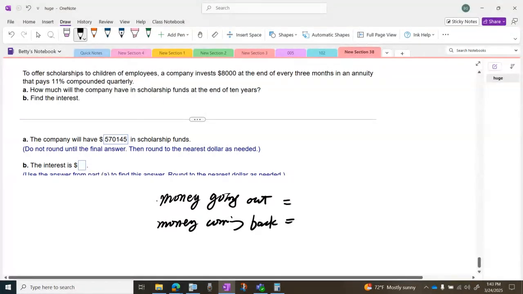Money coming back, we just figured out, is $570,145. Money going out, so $8,000 every quarter times 4 is every year, times 10 for the 10 years. It's also very convenient. It's going to be 320 grand.